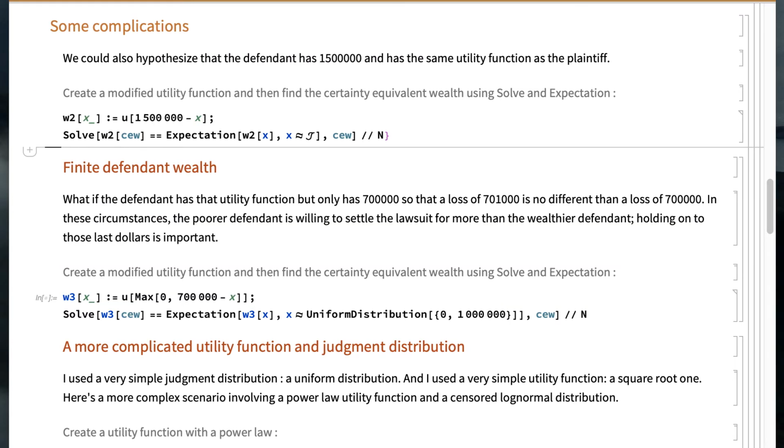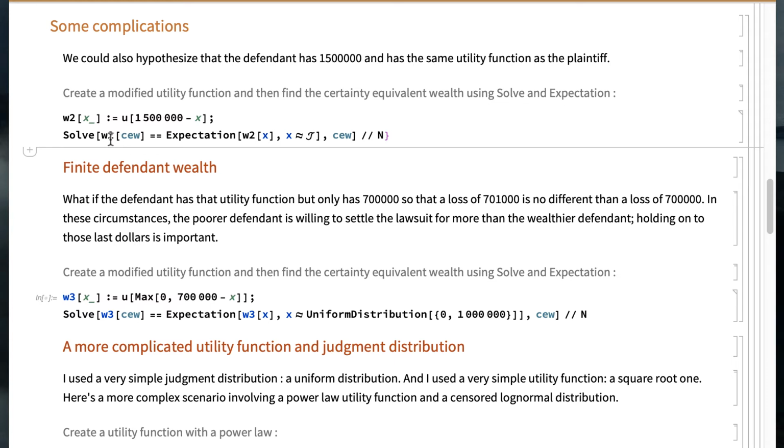Let's ratchet up the complexity a little bit. Instead of using that square of loss idea that I showed you before, let's now assume that the defendant has the same utility of wealth function as the plaintiff. It's just that the defendant has some money. And so their utility is equal to $1,500,000, their initial wealth, less the judgment that they're going to have to pay out.